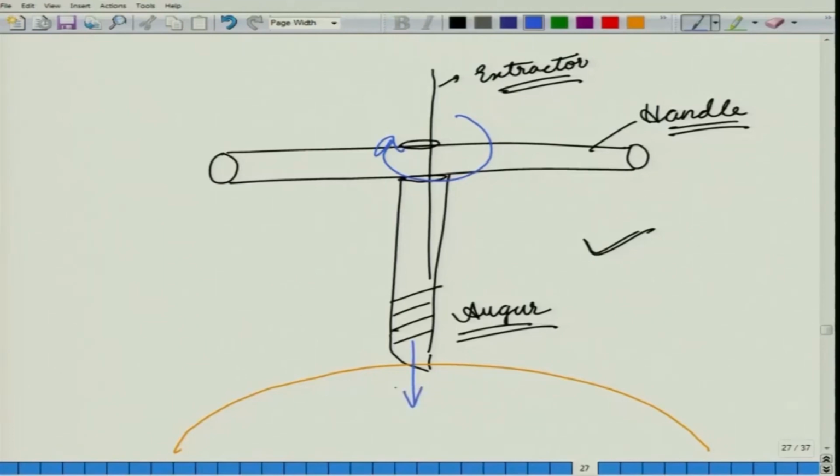After a while your auger would be inside, and your handle would be somewhere like here, depending on the depth you wanted to go inside the tree. This auger would now have a chunk of the tree inside it. Then you put the extractor inside this hole.